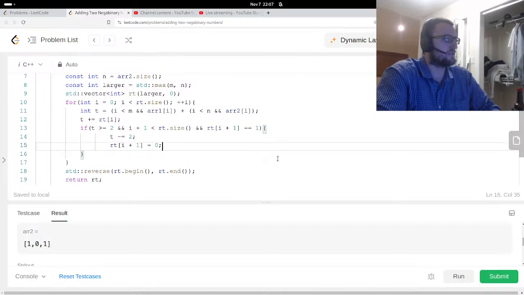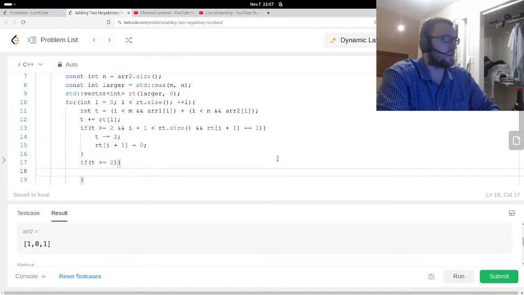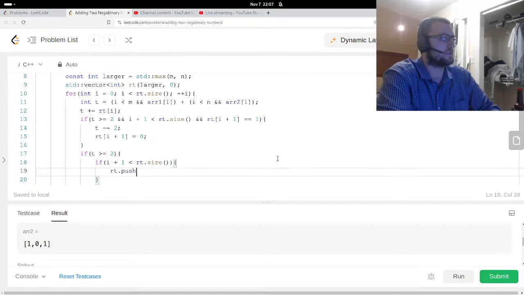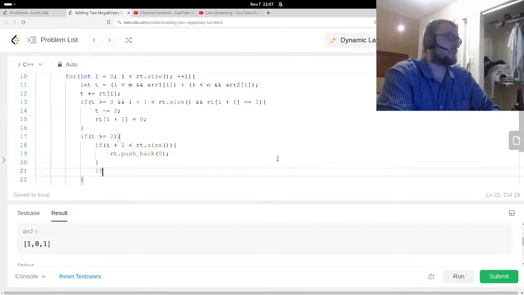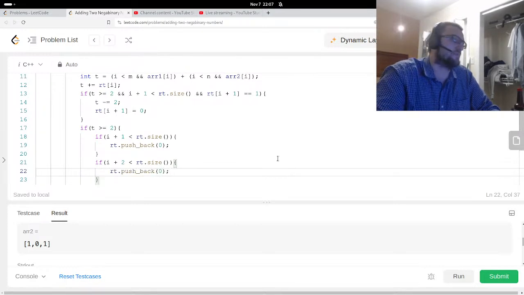Then we can negate those values directly. If after that t is still greater than or equal to 2, then we say if I plus 1 is less than rt.size, rt.pushback 1 or 0, I plus 2 is less than rt.size, pushback 0.